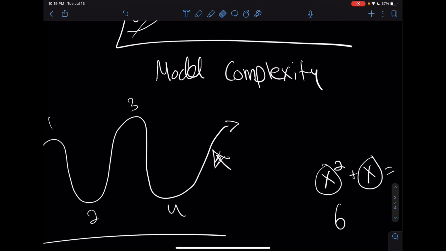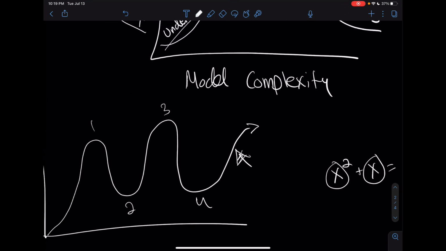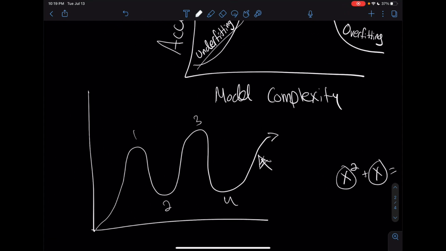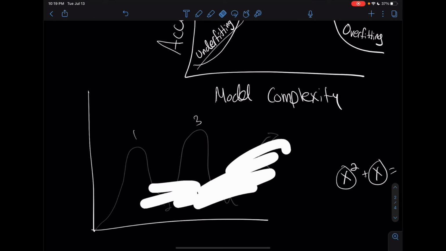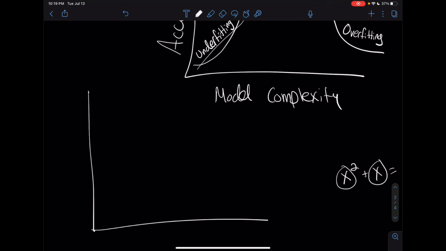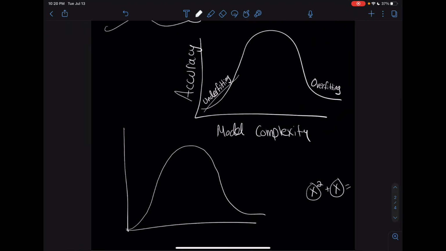Which is a much smaller change between values of x, right? And a model like that, if we get rid of this here, may look something more like this, right? The model is much less complex. It's much more understandable. It's much more predictable. That's how you can understand model complexity.